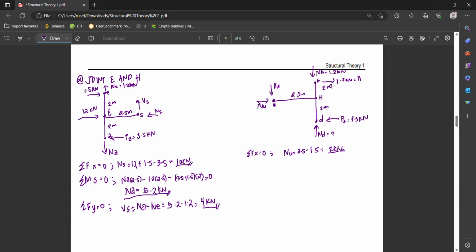Okay? 2 kilonewton. Then, summation moment naman tayo sa U. Summation moment at U equals 0. We have your ND times 2.5, distance niya from U, minus 1.2 times 2.5.